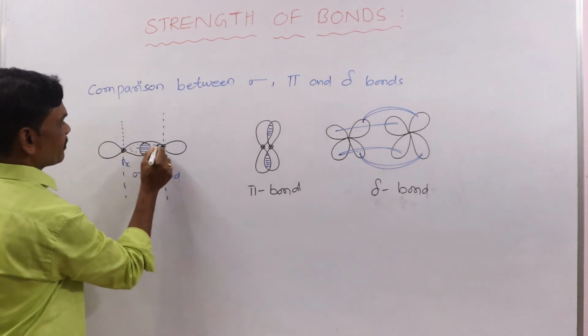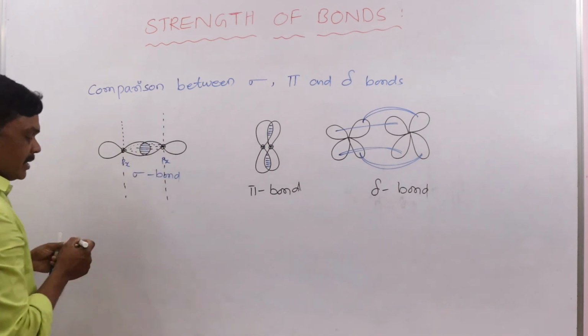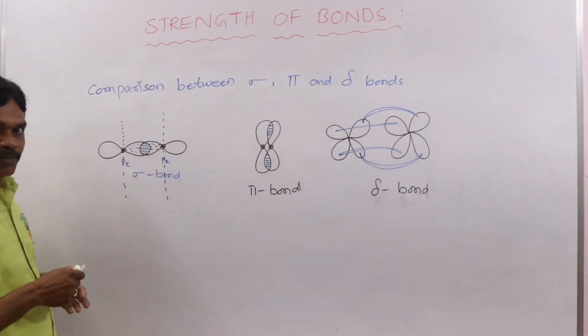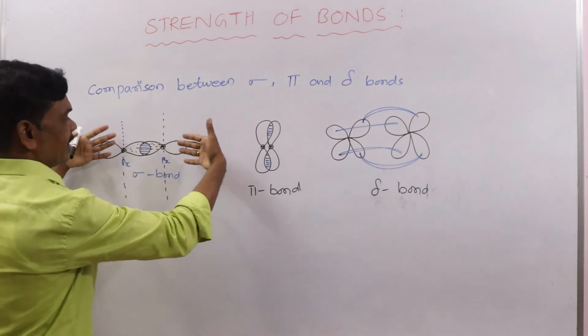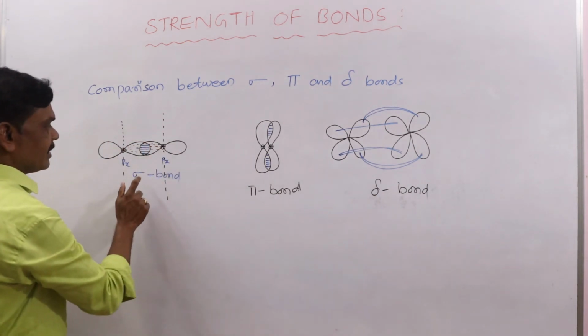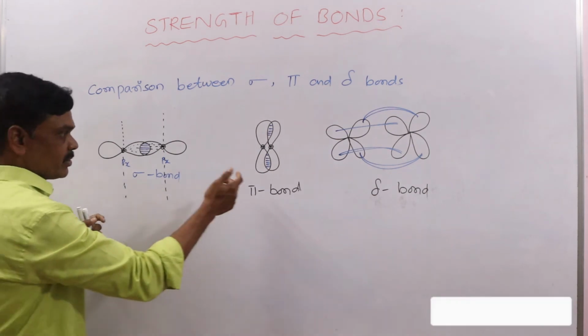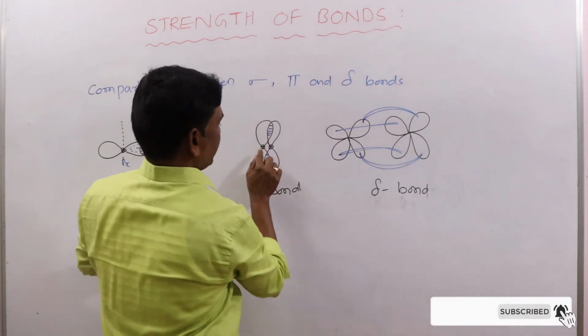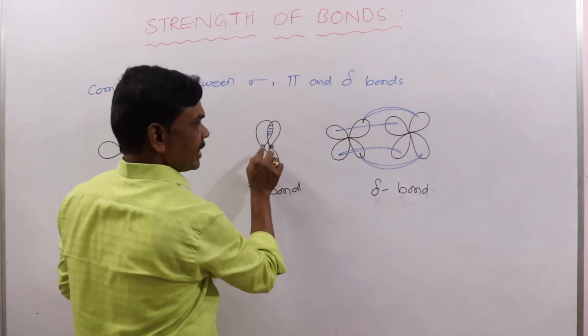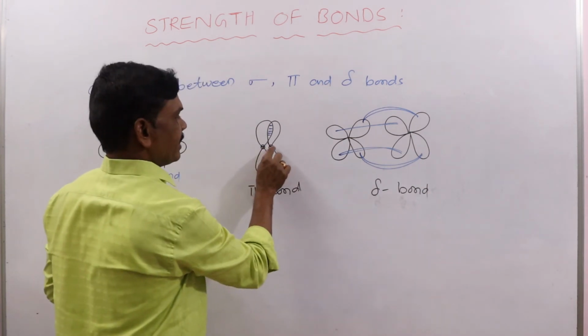Here attractions are possible, so there are no repulsions. So a greater extent of overlapping is possible in case of sigma bond. Now in case of pi bond, you see this is parallel overlapping. These two nuclei are very close, so here repulsions are more.